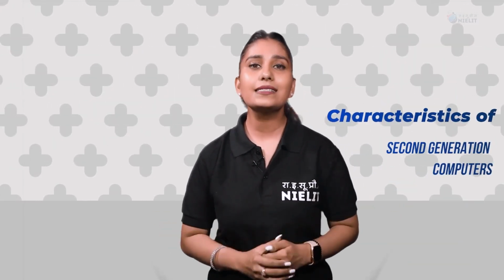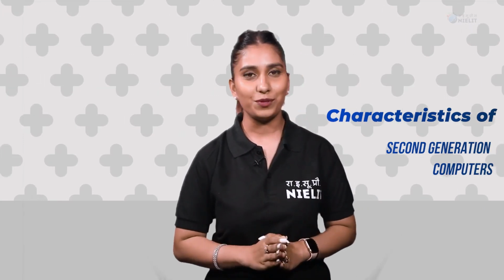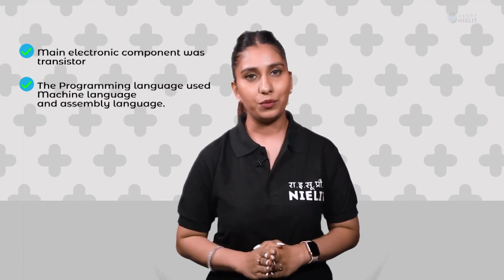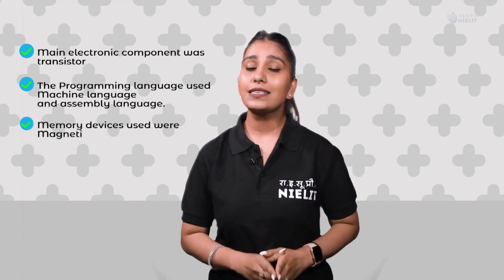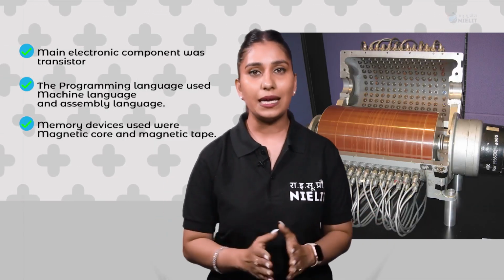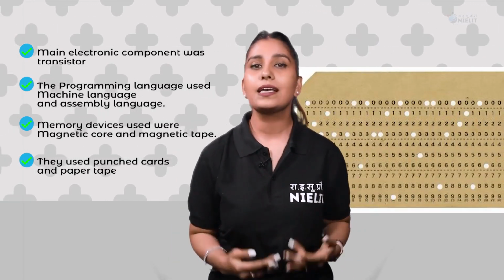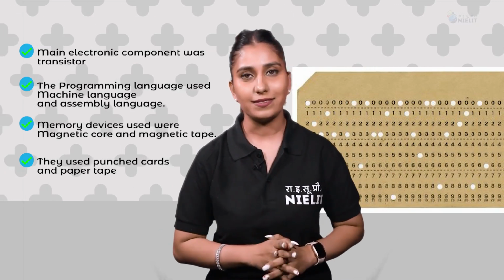Now let's discuss the characteristics of second generation computers. Their main electronic component was transistor. The programming language used machine language and assembly language. Memory devices used magnetic core and magnetic tape or disk. They used punched card as input device and paper tape as output devices.